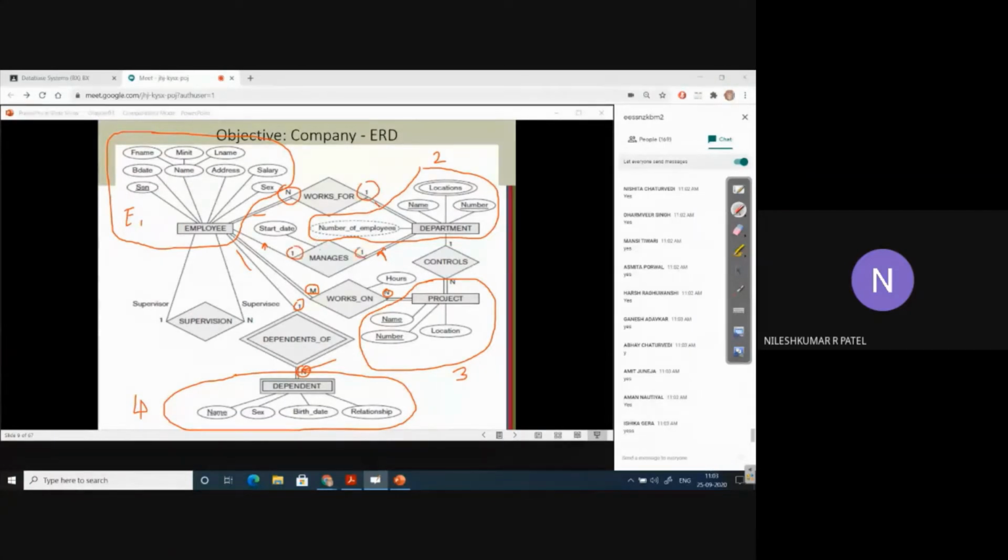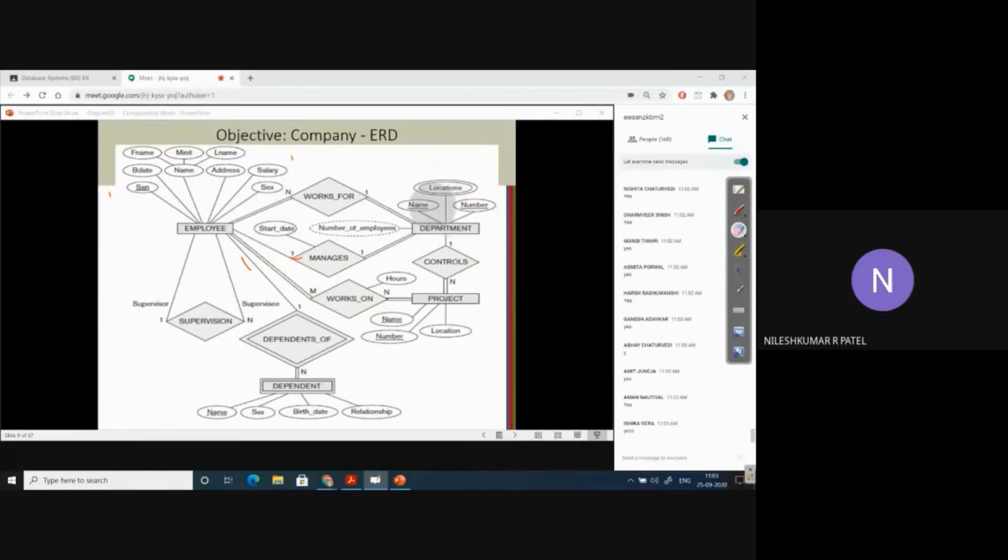Now I'm trying to explain one important concept of ER diagram. As a first step, as I explained in the last class, when you get the data requirement from the requirement analysis team, first of all you have to identify the entity types, that is, how many entity types exist.